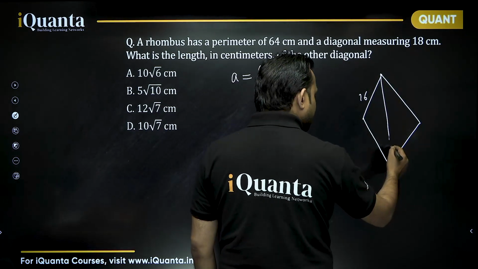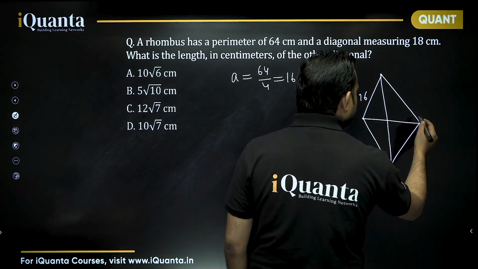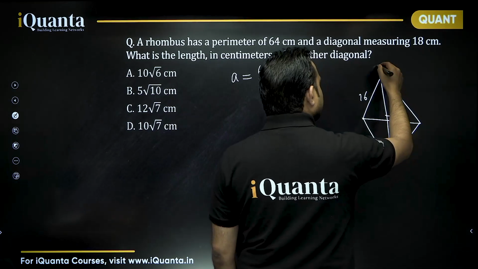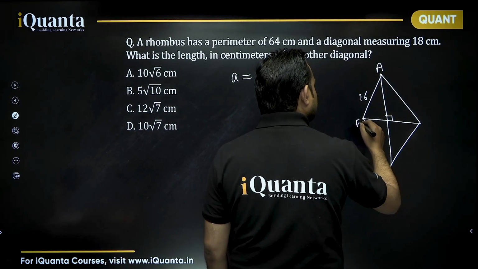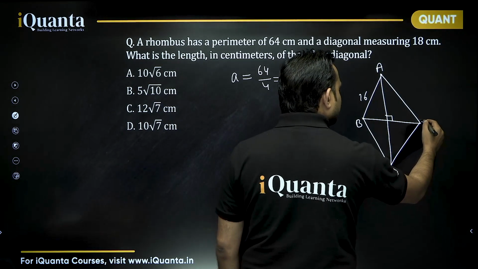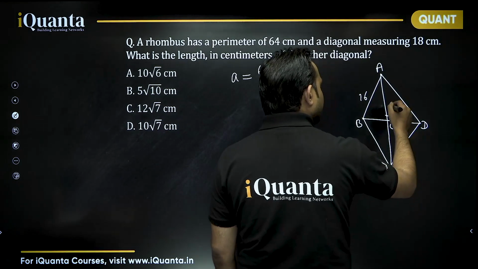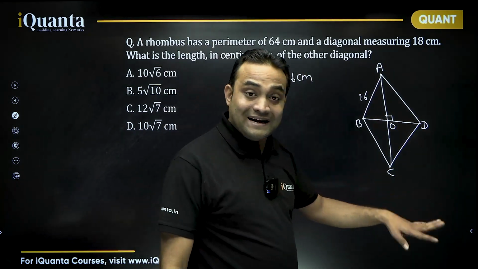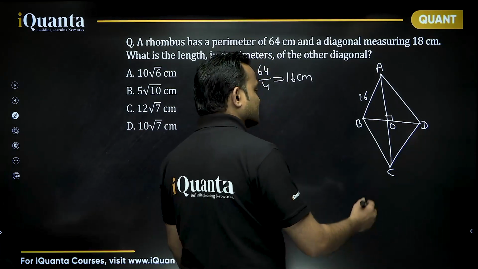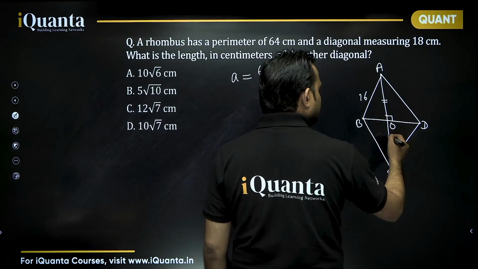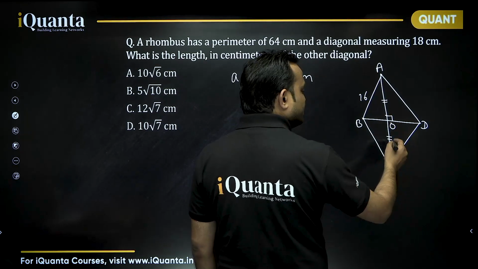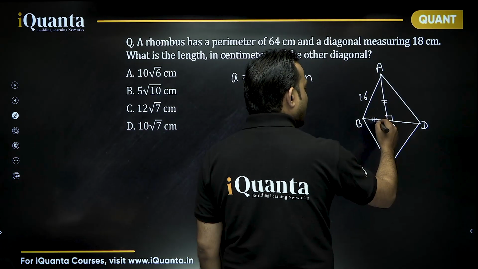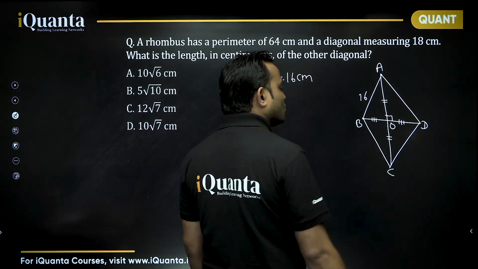If I draw the diagonals, we know that in any rhombus, the diagonals are perpendicular to each other. So ABCD, vertex O is the intersection point, and the diagonals also bisect each other. That means these two lengths will be equal: OA equals OC and OB equals OD.